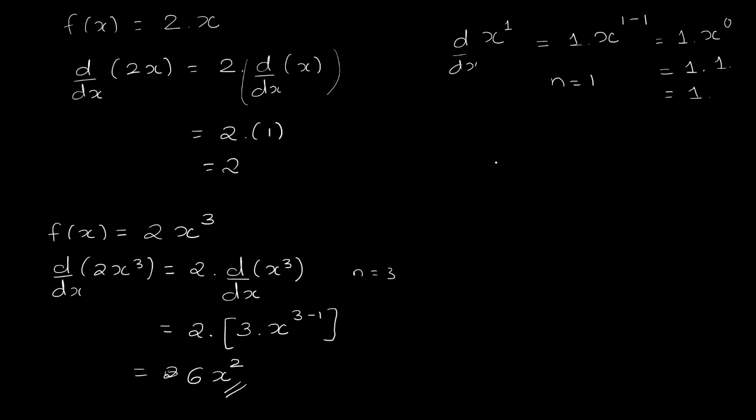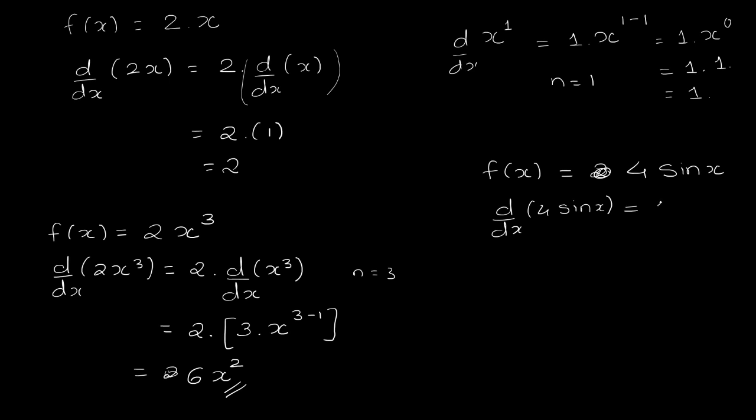Now I'll take one more example. F of x is equal to, let's take 4 sine x. Now I can do this as d by dx of 4 sine x. Yes, 4 is a constant, but it has come along with the function of x.